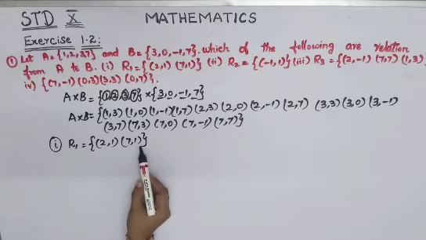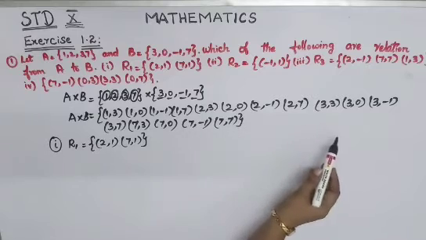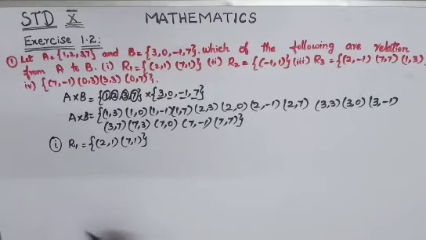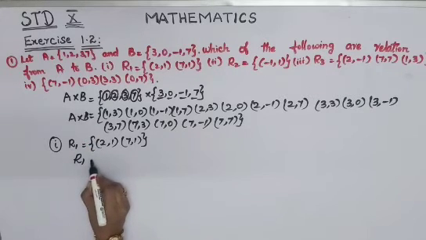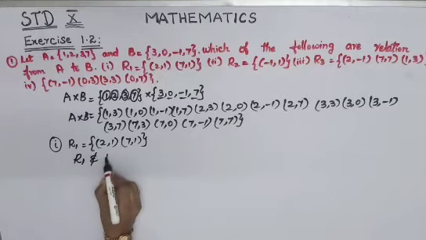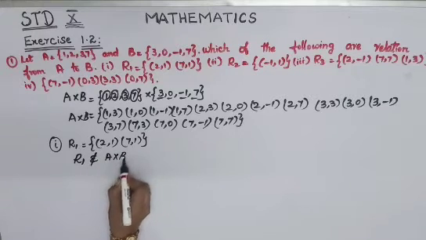Then (7, 1) we have to check. Again it is not there. So both these ordered pairs are not there in A cross B. So you can declare that R1 does not belong to A cross B.